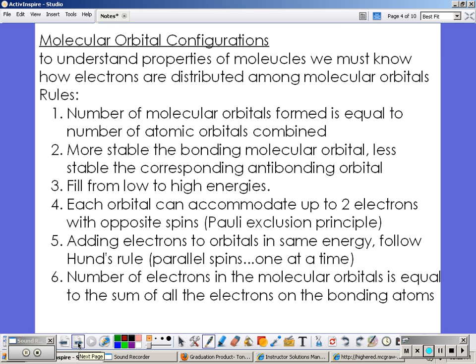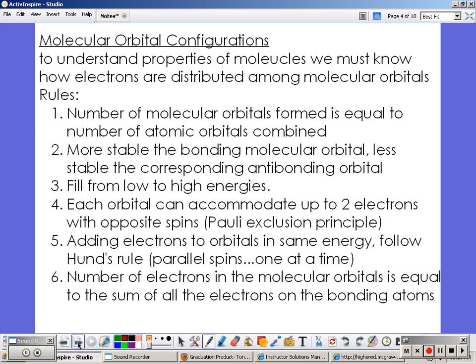To understand the properties of molecules, we must know how electrons are distributed among molecular orbitals. There are some rules. The number of molecular orbitals formed is equal to the number of atomic orbitals combined. The more stable the bonding molecular orbital, the less stable the corresponding anti-bonding orbital. You fill from the lowest energy to the highest.